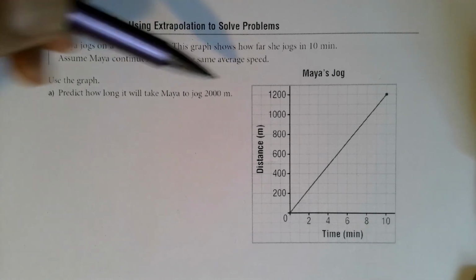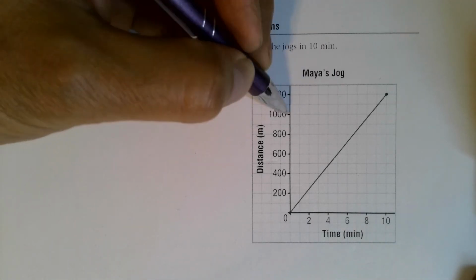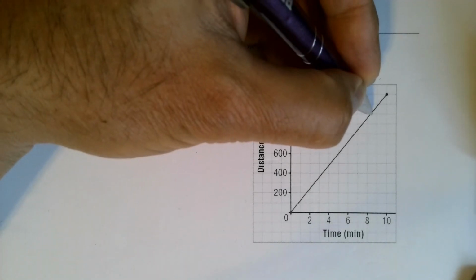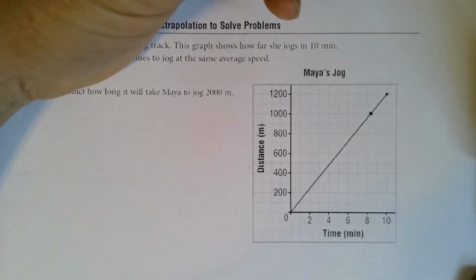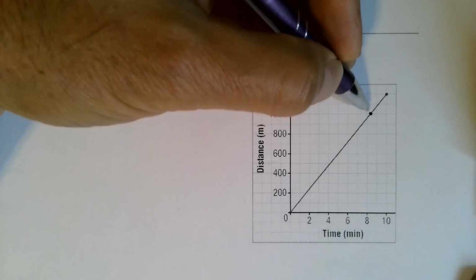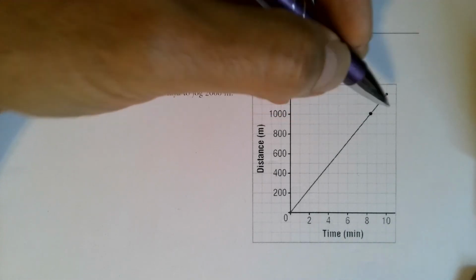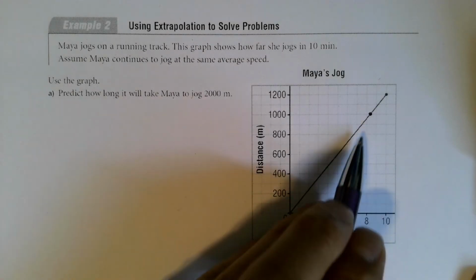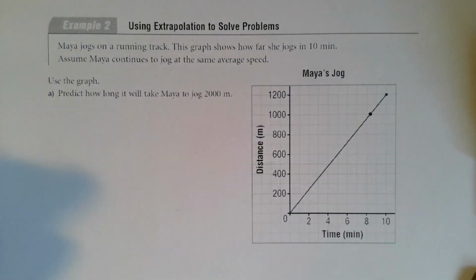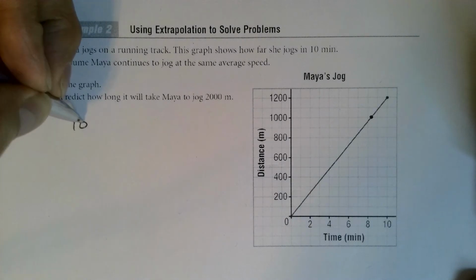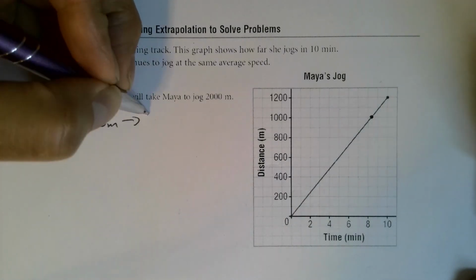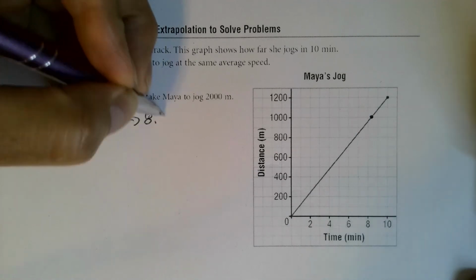So 1,000 meters would be here. So we're going to follow that over to the graph. So our point on the graph here on the line for 1,000 meters is going to be right there. So that's 8 minutes, that's 9 minutes. So I'm going to say that 1,000 meters is going to take Maya about 8.3 minutes.